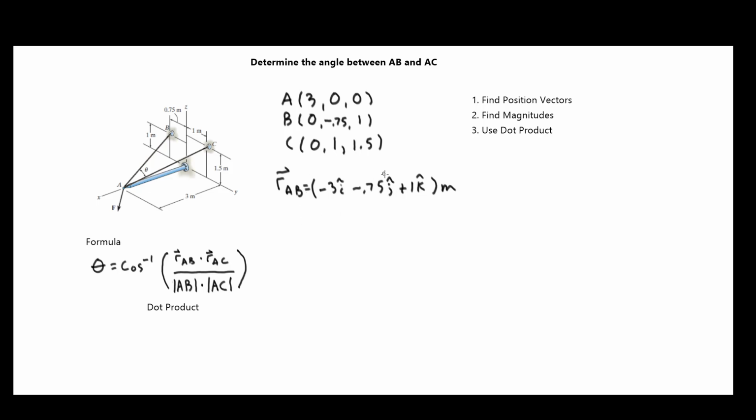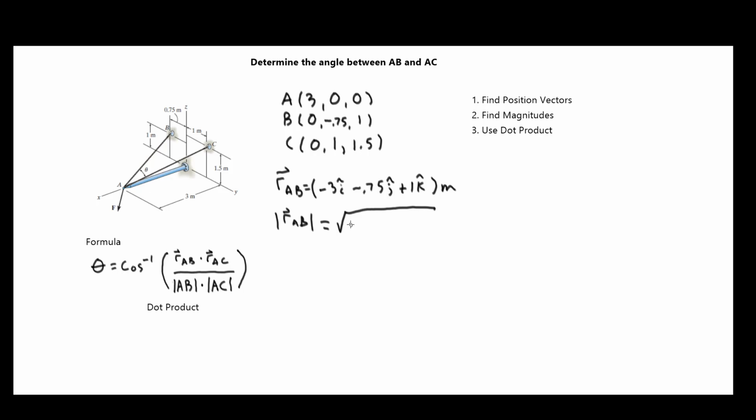Since we have this position vector, we know that we're going to have to divide our dot product by the magnitudes of the individual vectors. So we'll go ahead and find the magnitude of this vector. As you recall, the magnitude is going to be the square root of all our points along the vector squared.